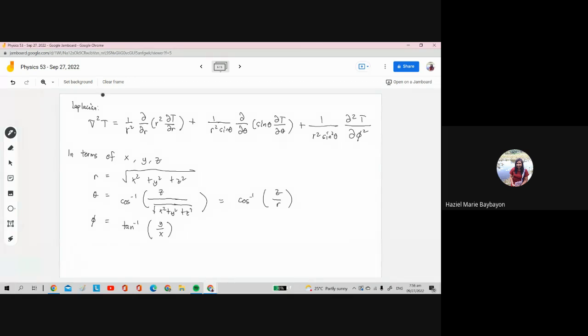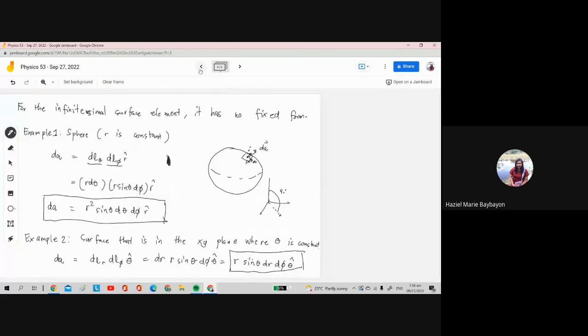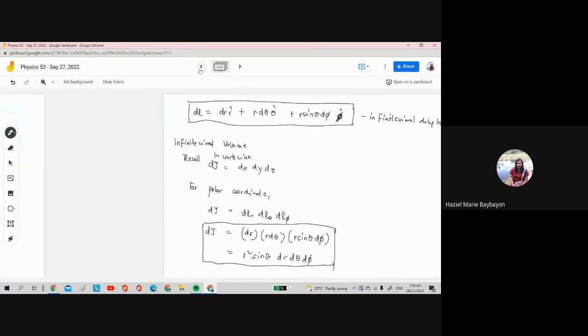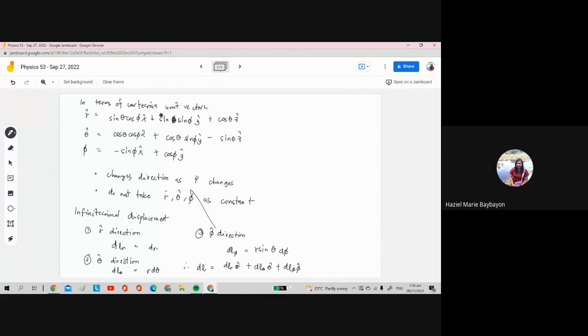Okay, and then earlier we expressed the spherical unit vectors in terms of the Cartesian unit vectors.